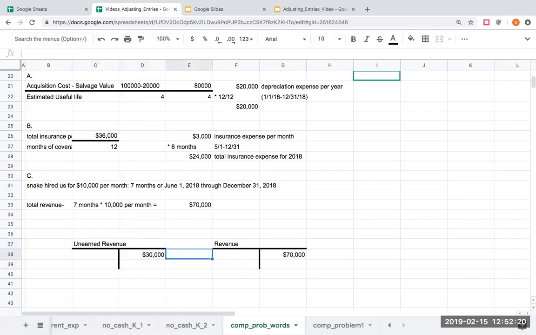So this is my unadjusted, and this is my adjusted entry. So for this part right here, if I'm recording this revenue of $70,000, how do I go about making the adjustment?